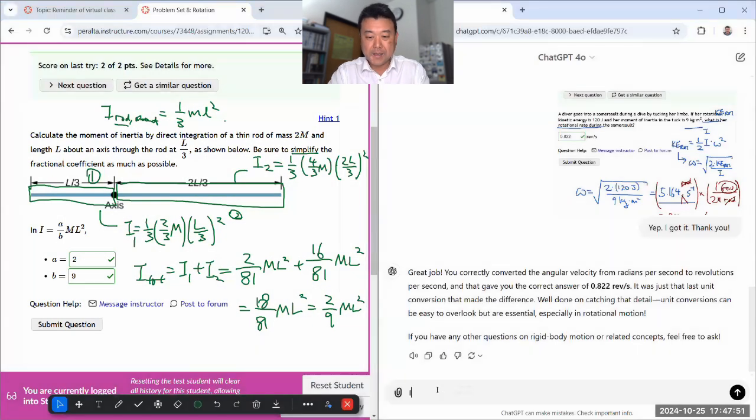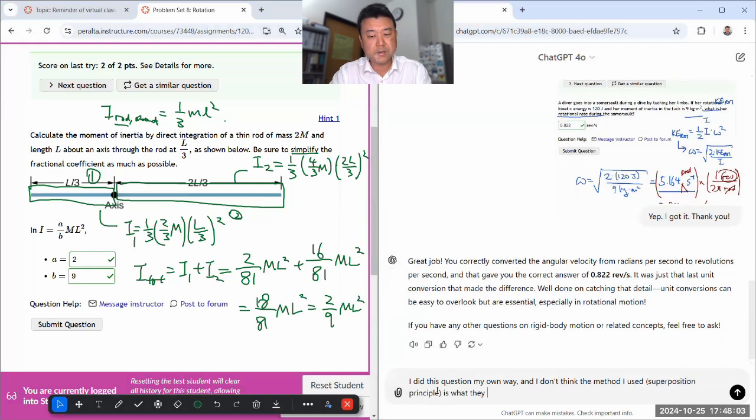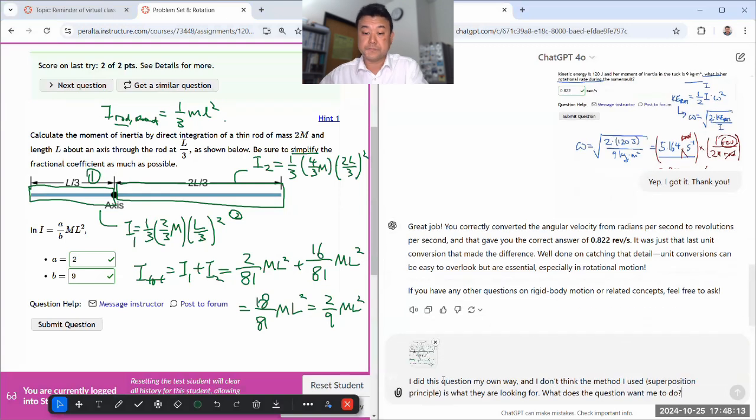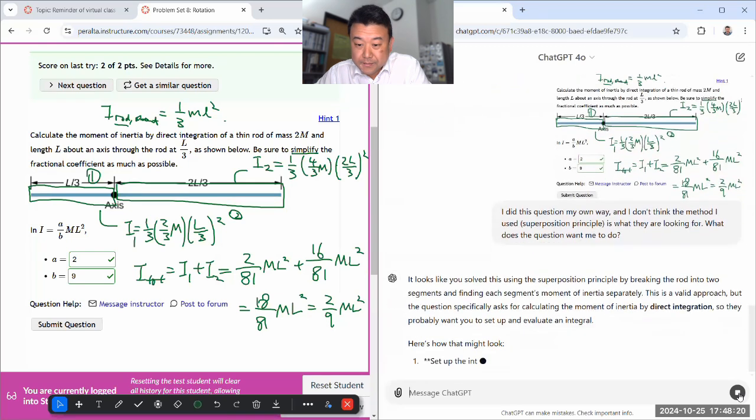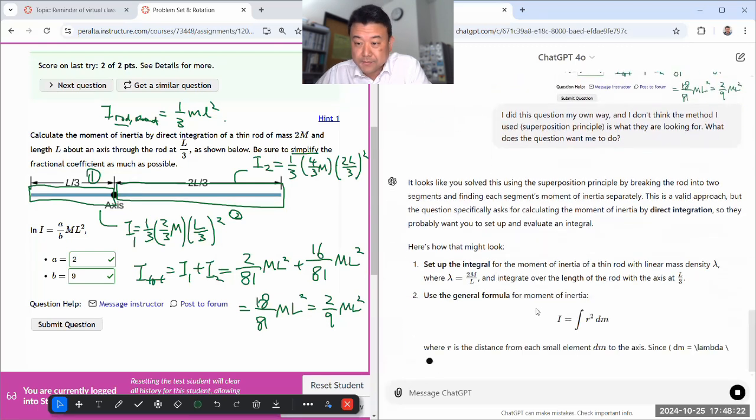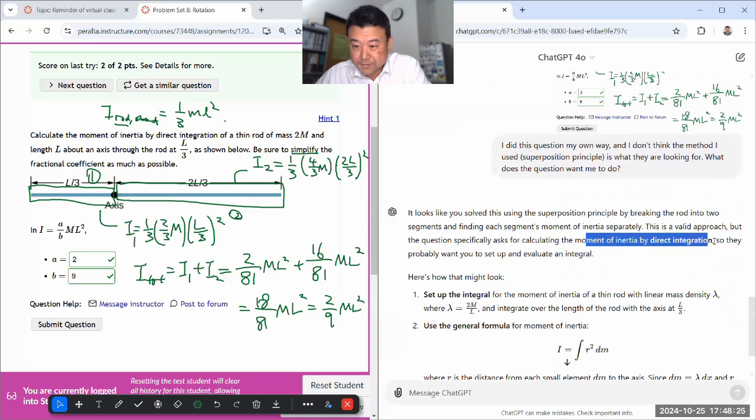I did this question my own way, and I don't think the method I used, superposition principle, is what they are looking for. What does the question want me to do? Let's see if we figure this out. Two segments, yeah, valid approach, direct integration.